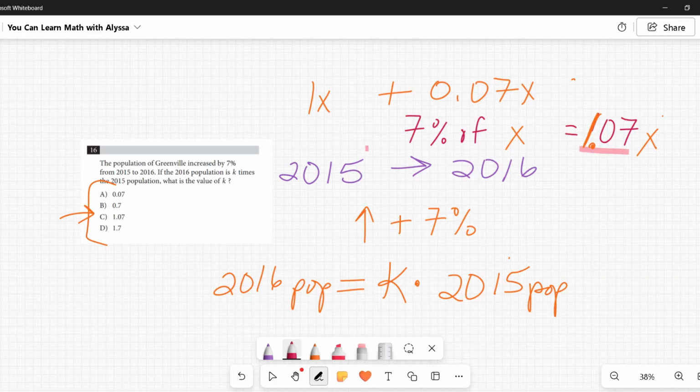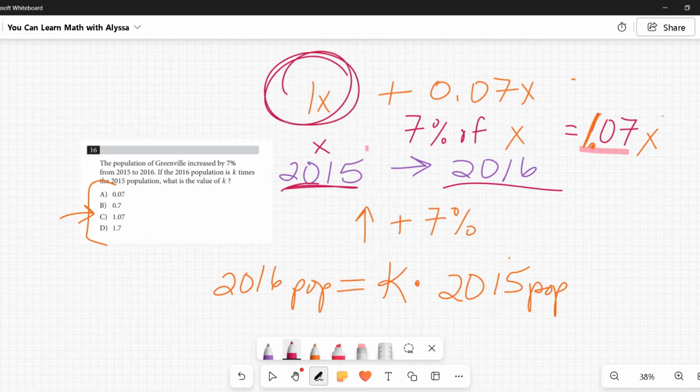1.07x. Remember, that X is the population in 2015. I'm representing that by X. So the population in 2016 is that original population plus 7% of the population. There's where that 1.07 comes from.